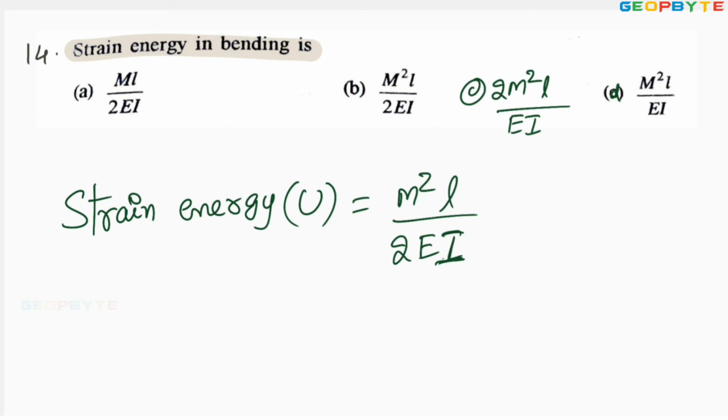This is the strain energy formula in terms of bending moment. Therefore, option B is absolutely correct. M square L by 2EI is the strain energy due to bending moment. Let us go for the next problem.